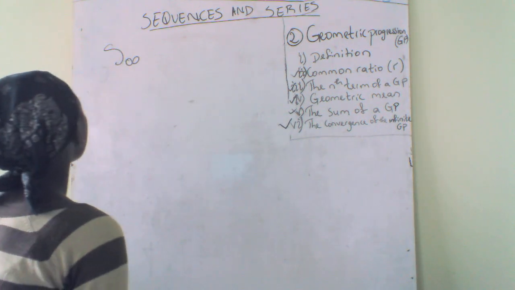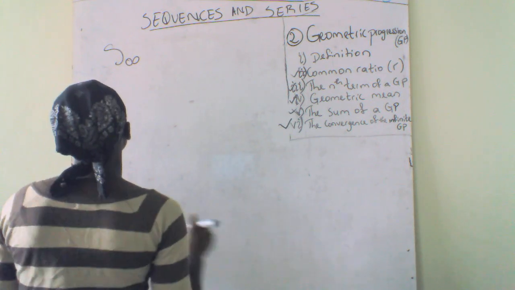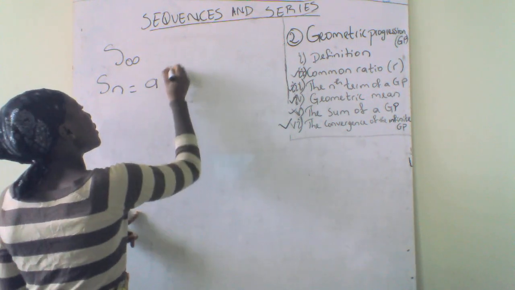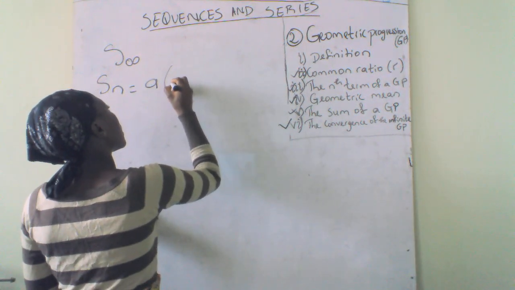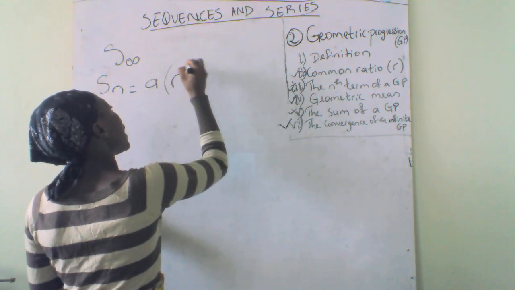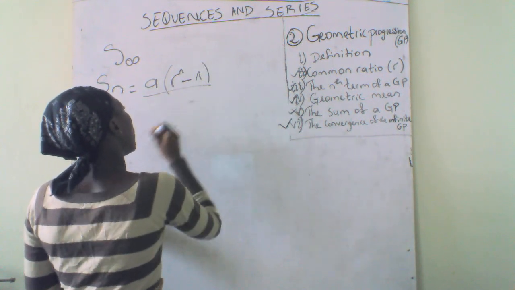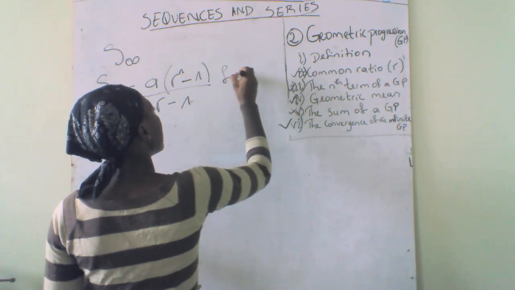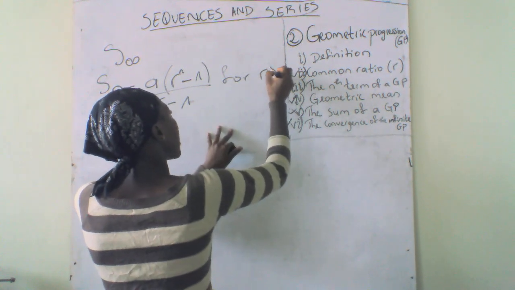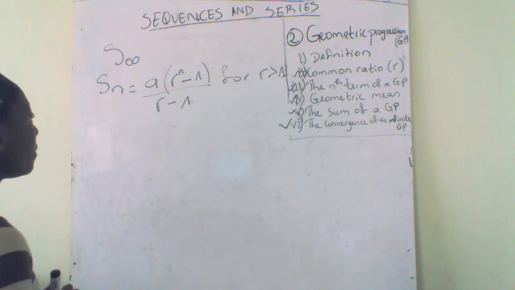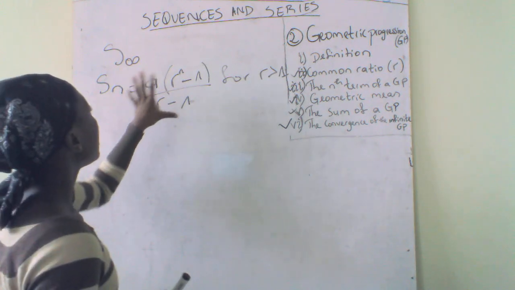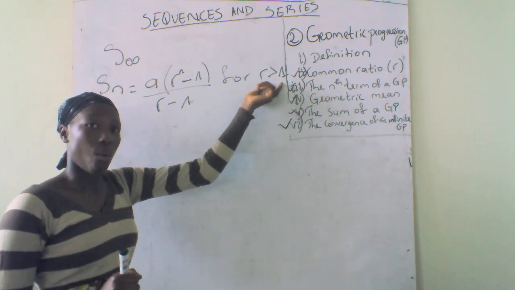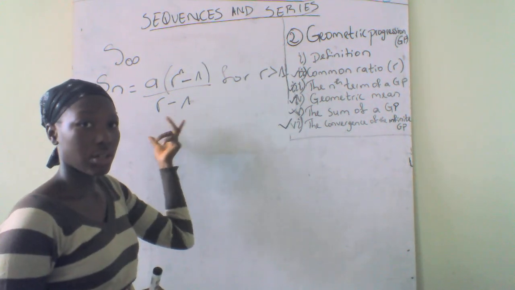For example, let's take Sn equals a into r^n minus 1 over r minus 1, for r greater than 1. Let's see if it can converge.